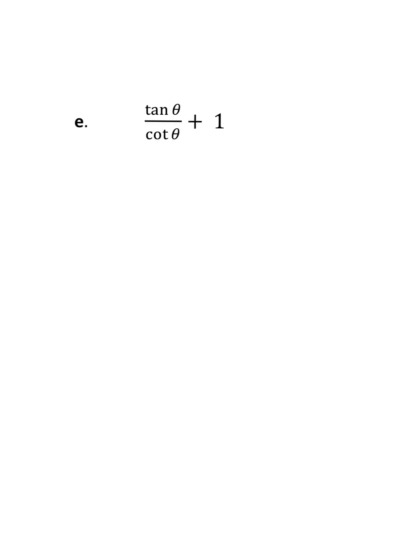Okay, and the last example for our video here, okay? Now, this one's a little bit tricky. There are some ways we can streamline what we're doing, okay? So you might think like, hey, let's just make common denominators and add these two pieces together. But here's a little bit of an idea. Since all of my functions are tangent and cotangent, okay, I'm going to change out this cotangent at the bottom.